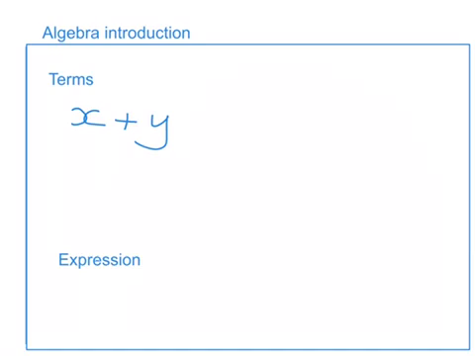So one term on its own would be x, for instance, and then an expression is when you join different terms together. So x plus y becomes an expression.